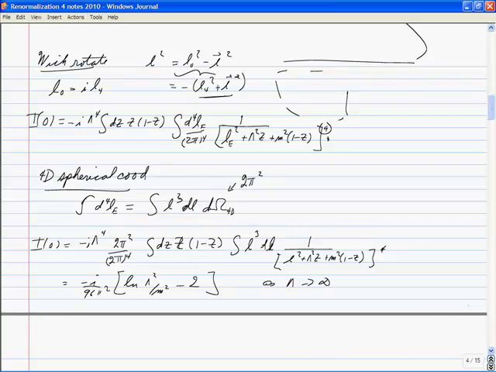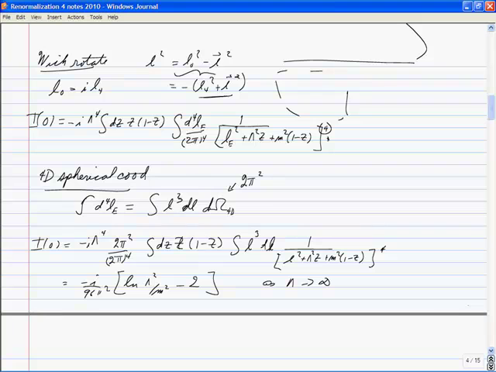The other thing to comment on just on general grounds is you can't really drop the 2 here either. You might say I can drop the 2 compared to log lambda squared because that's very big. In this case you could, it wouldn't have made any difference because I of 0 as a whole dropped out of the problem.